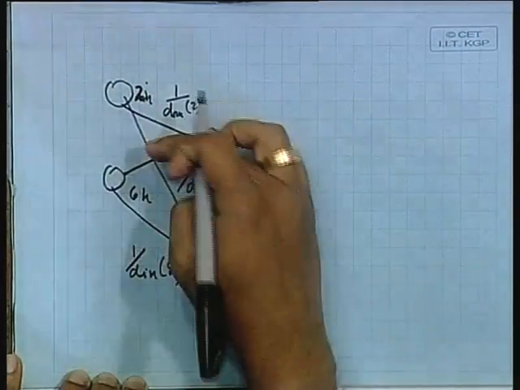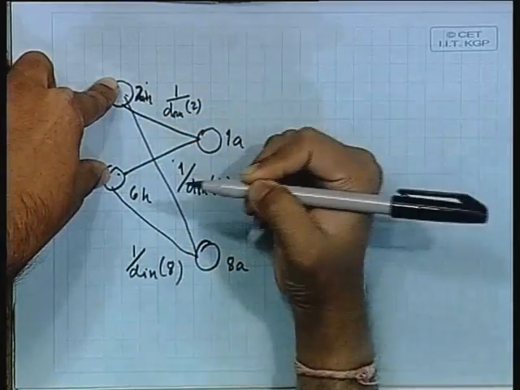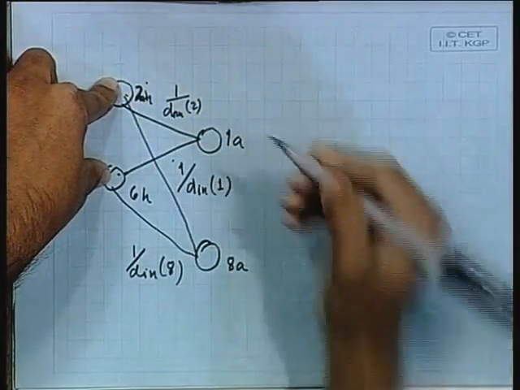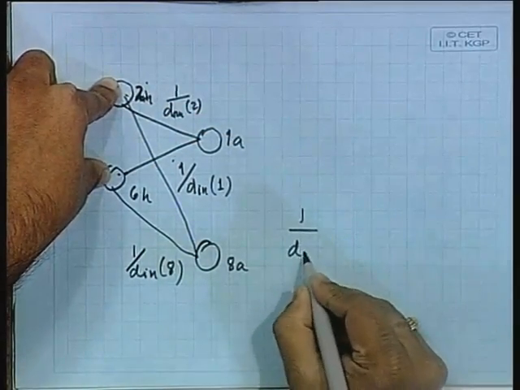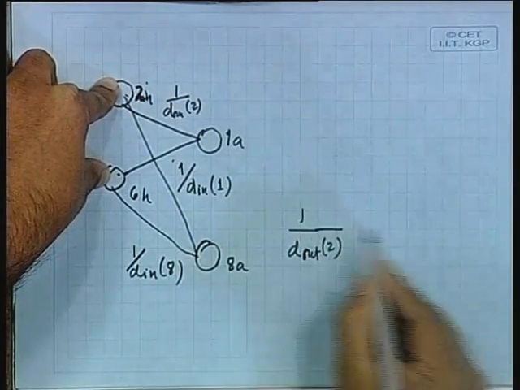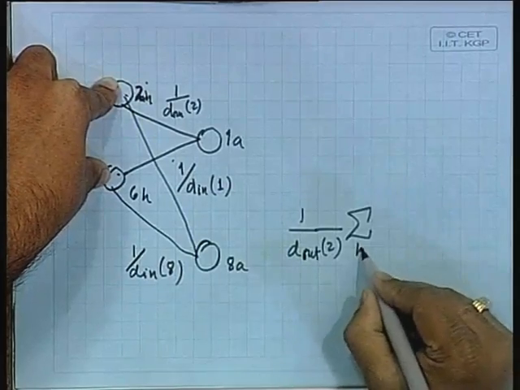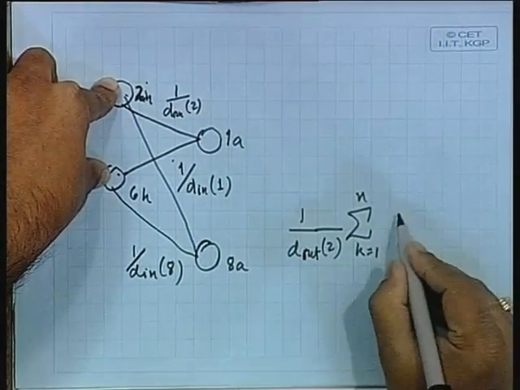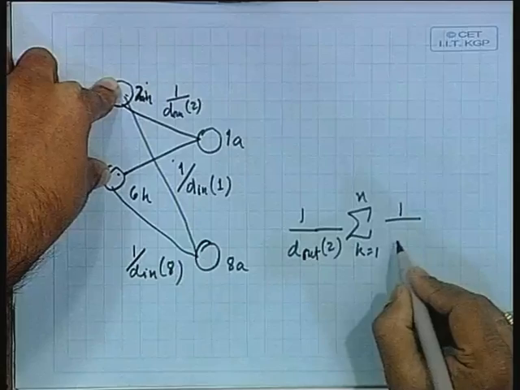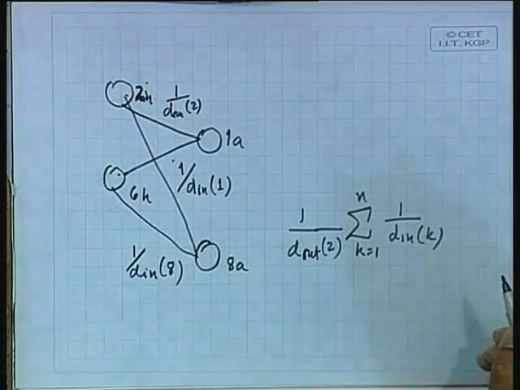So, can you write the formula for the probability that you go from 2 to 6 in the hub walk? 1 by d out 2 comes as the common factor, and then you do sigma over all k's, k equal to 1 to n, of 1 by d in of k.